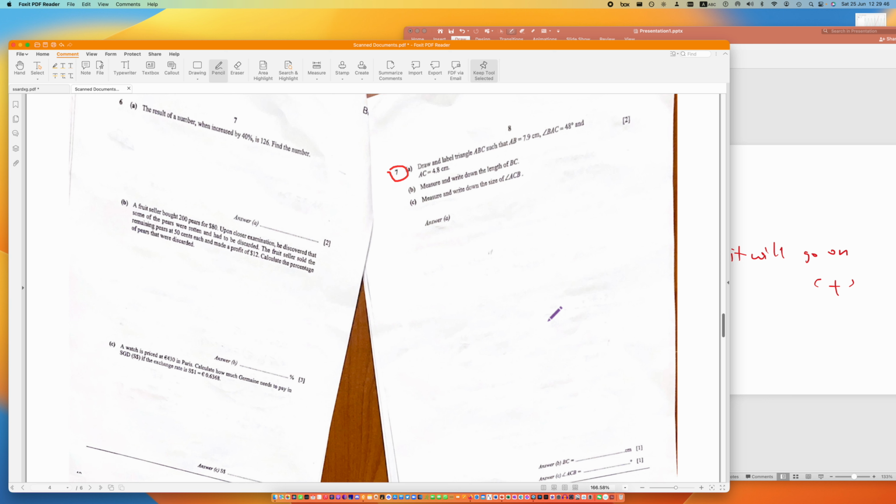You have this blank page. First thing first, put this aside, so you have plenty of space. Be careful of the needle. The needle is always what I call the leg that you don't move. The leg that you move is always this leg. Can you see the pencil tip?